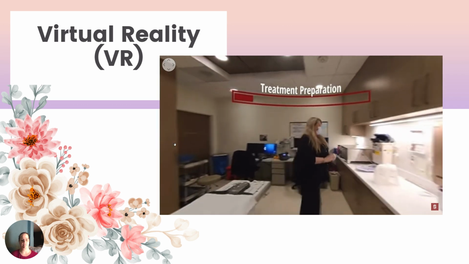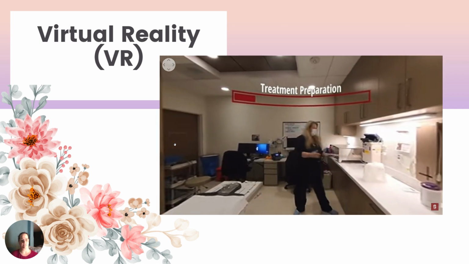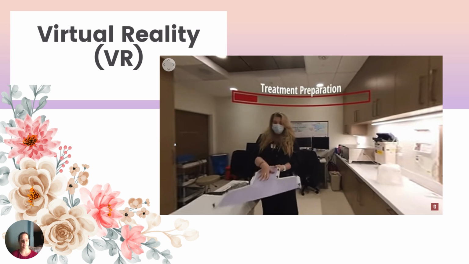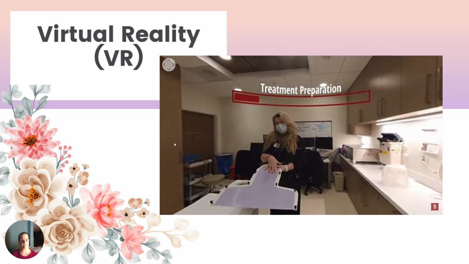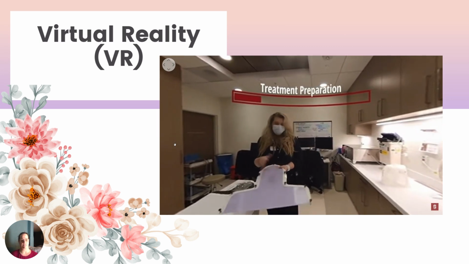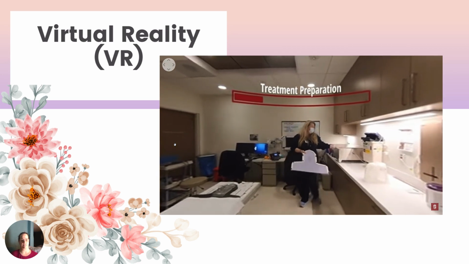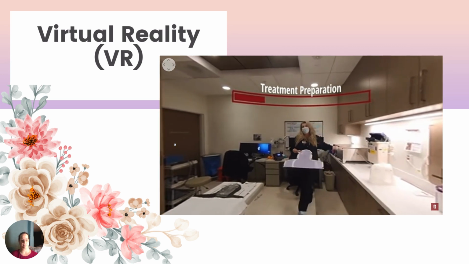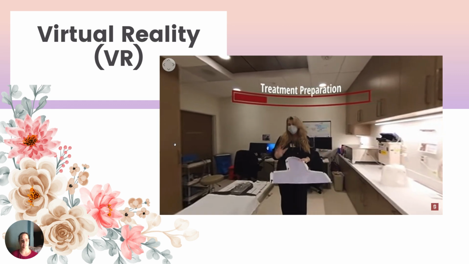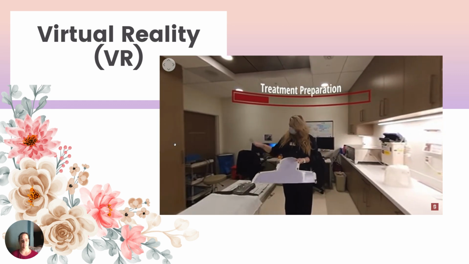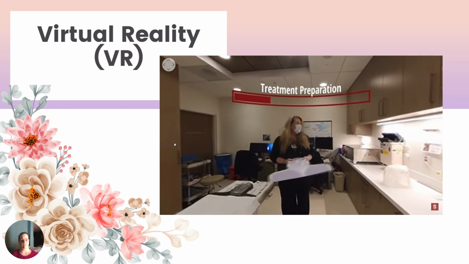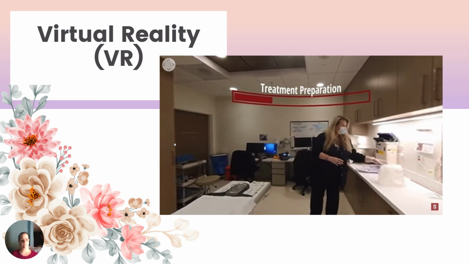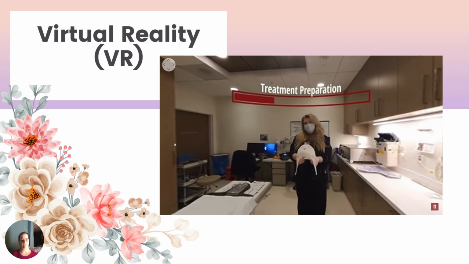All that consists of is this material, which is a plastic thermal material that we put in hot water in our water bath right here. It makes it like a nice, warm, almost hot washcloth. We place it over your face and it cools quickly and it forms to your face and holds you in the treatment position.